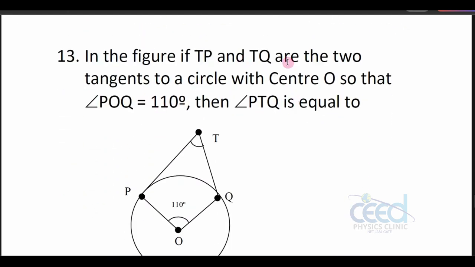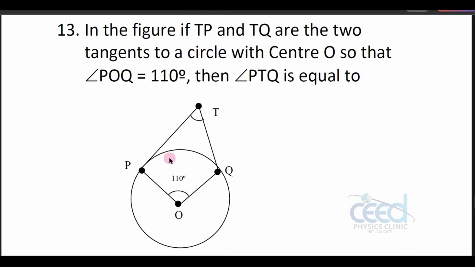In the figure, TP and TQ are the two tangents to a circle with center O, so that angle POQ, this angle they have given, is 110. Then they are asking for PTQ.